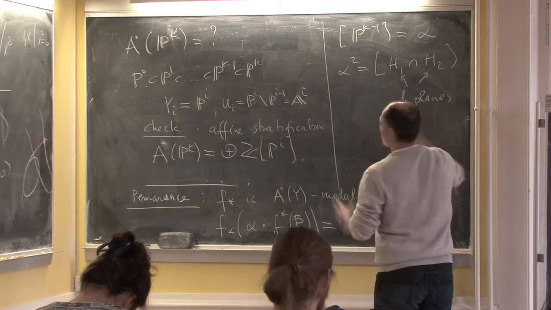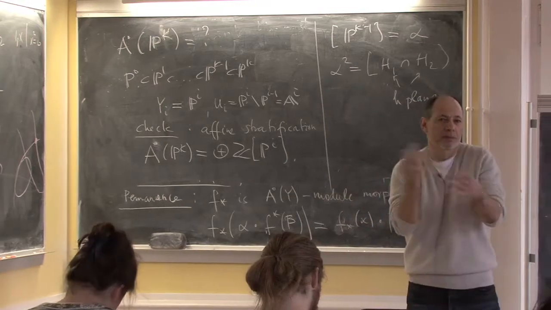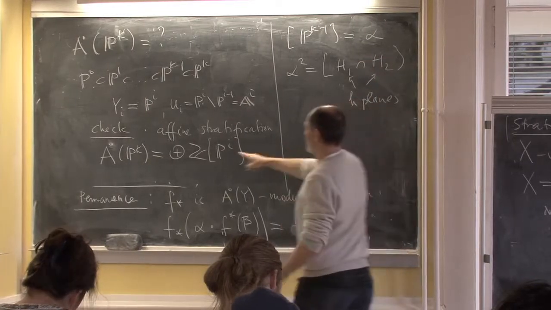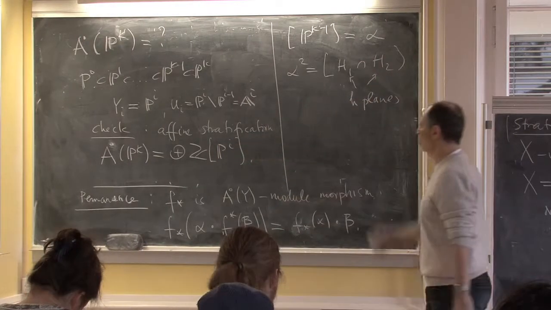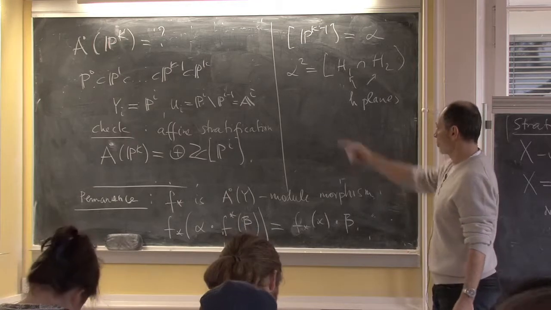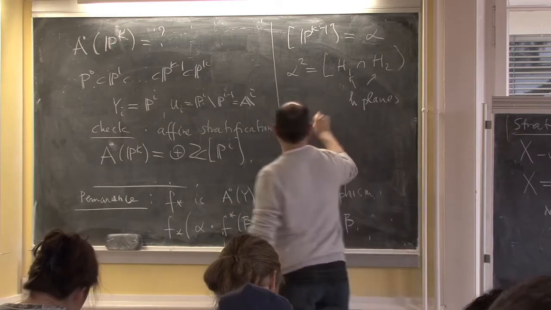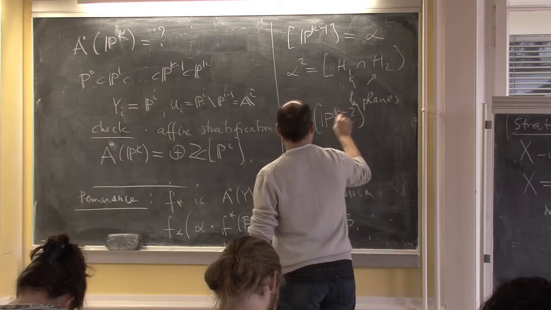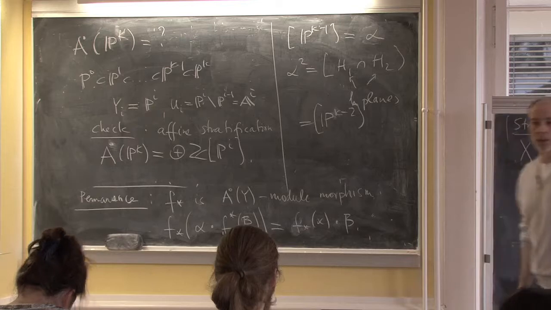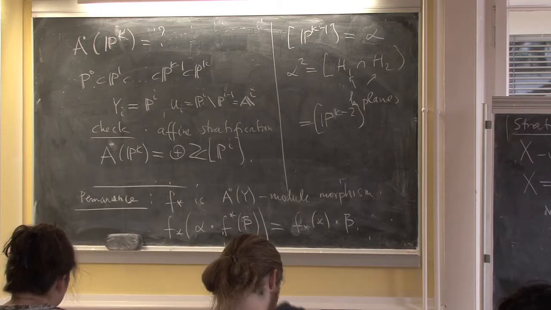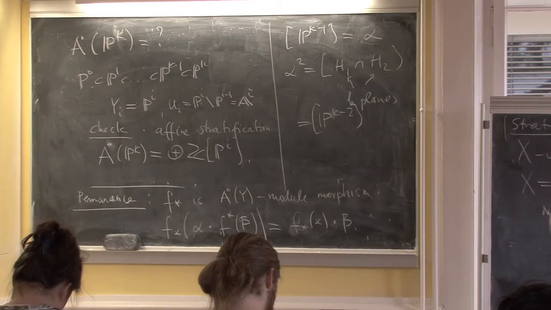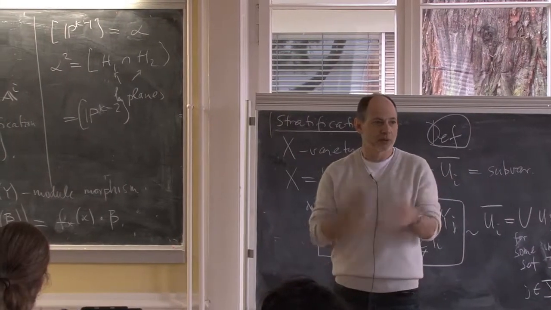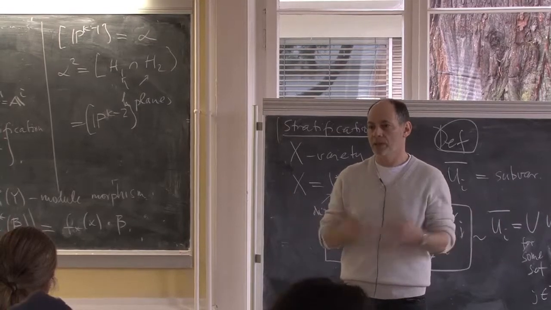When you intersect them, unless they coincide, they're in general position, and it's just going to be the codimension 2 linear subspace, which is precisely P^(k-2). You remember we just set-theoretically intersect two hyperplanes, you get precisely a codimension 2 linear subspace.